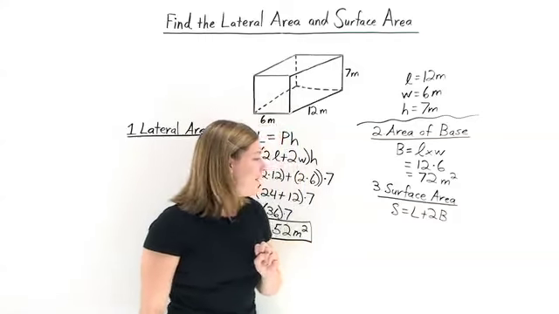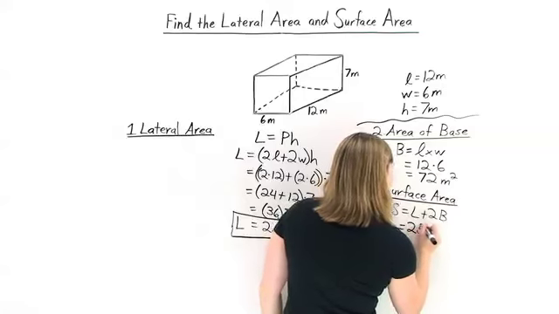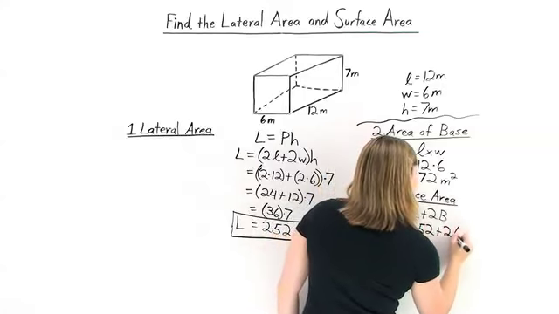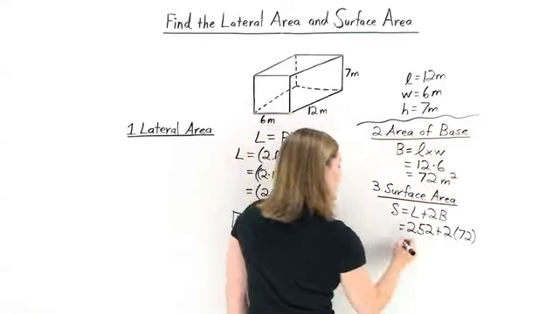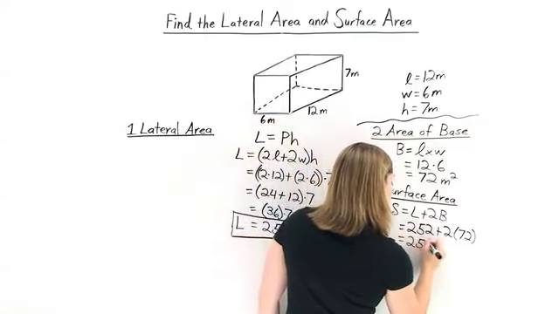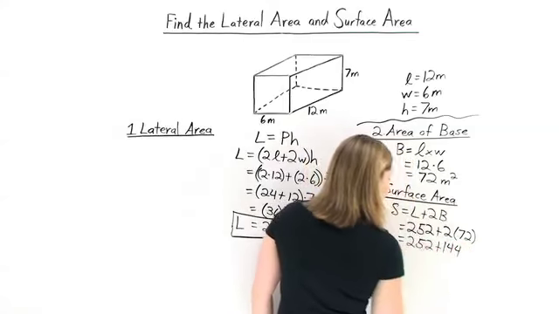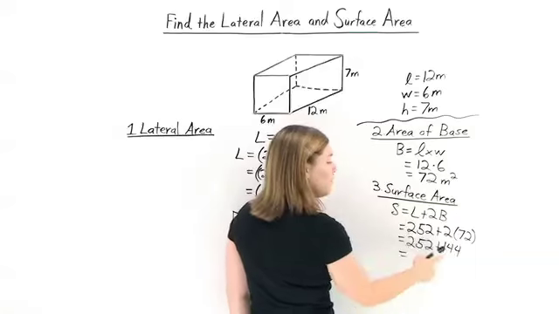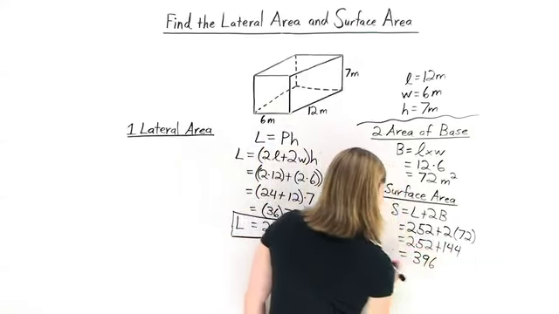So we plug in these values, and we get 252 plus 2 times 72. Now we simplify. Well, we still have 252, and 2 times 72 is 144. 252 plus 144 is 396.